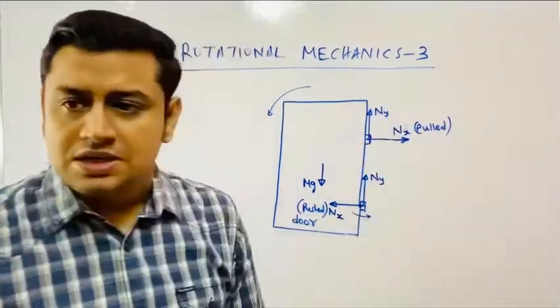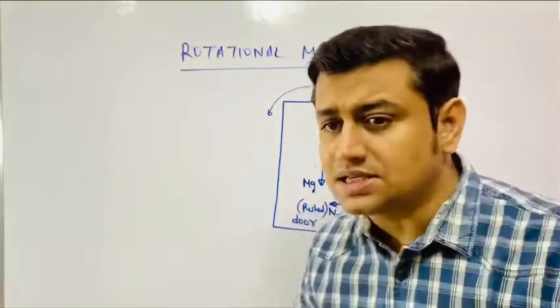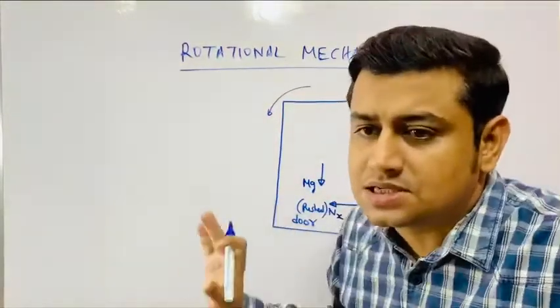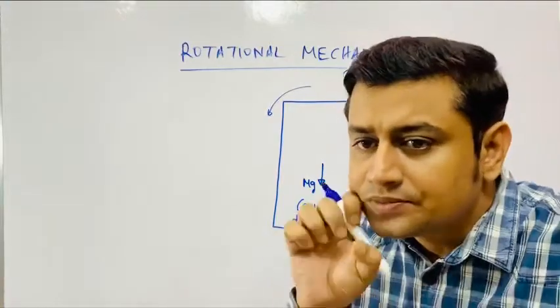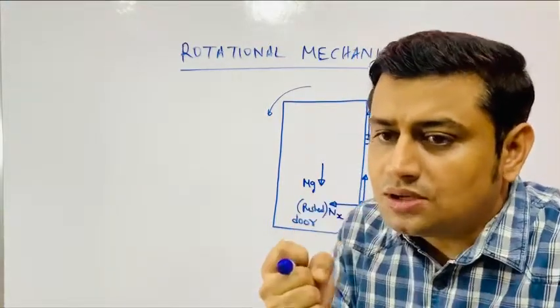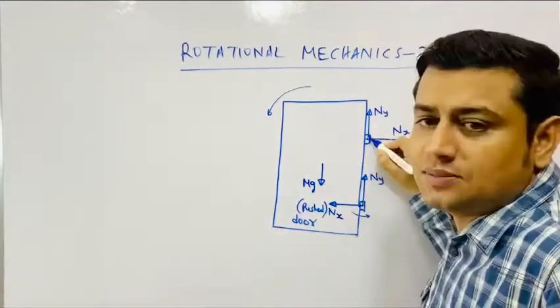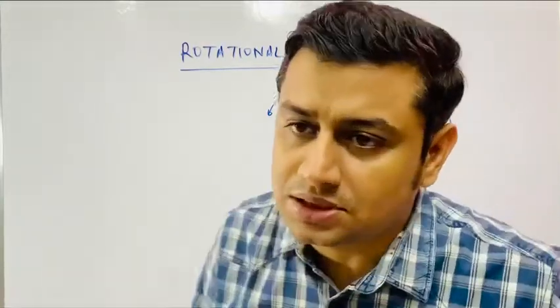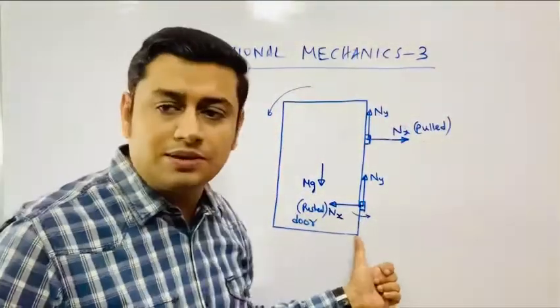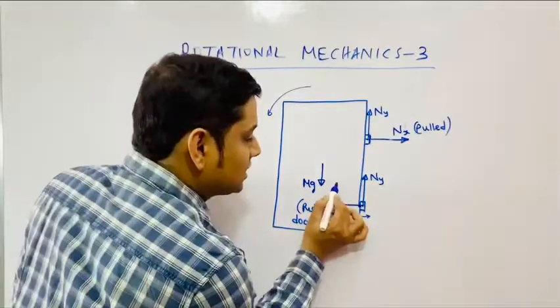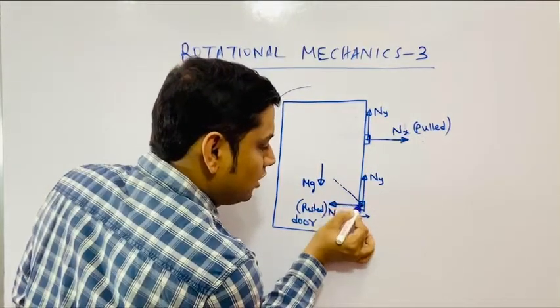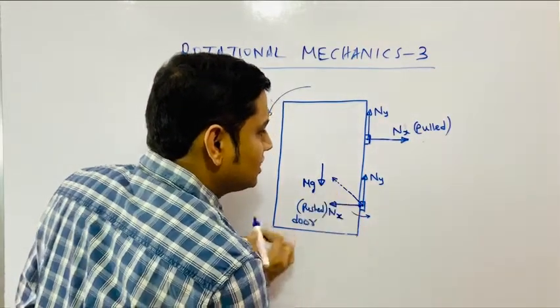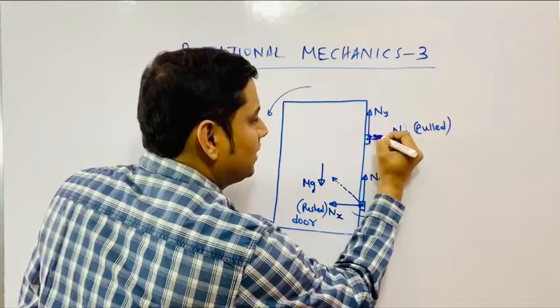First thing. Second thing, doors are placed in such a way that the hinges are placed so that the net force exerted by this is equal to the net force exerted by this. The magnitude of the force exerted by the two hinges is the same, although the directions are different. This hinge is going to apply a force on the door in this direction, and this hinge in this direction.